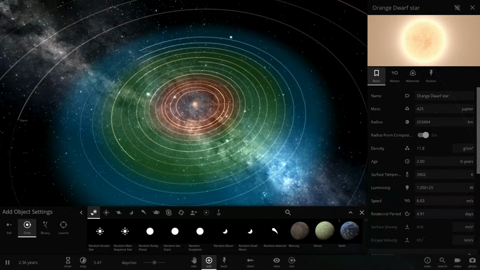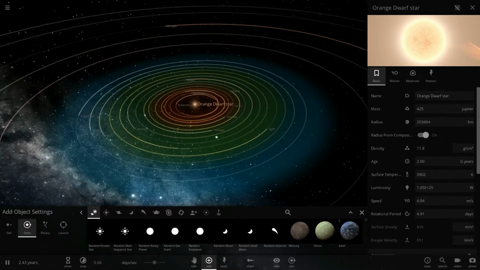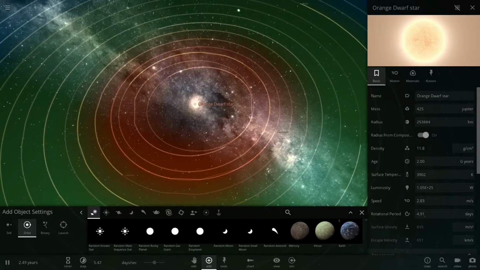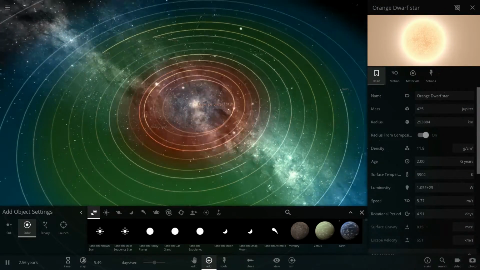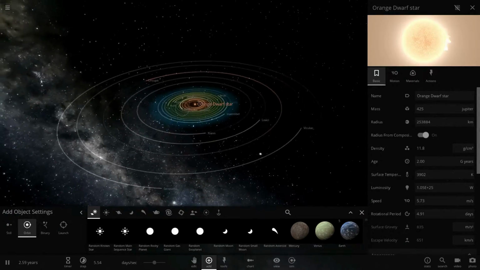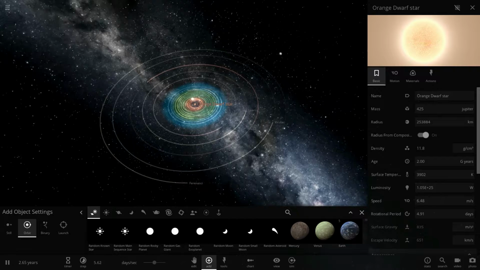And they are all stable. Look at this. Every single one. The inner planets are starting to become a little bit more crazy. These two might actually collide within the next 100 years or something like that, or 100,000 years. But this is definitely the star that we need to look for.